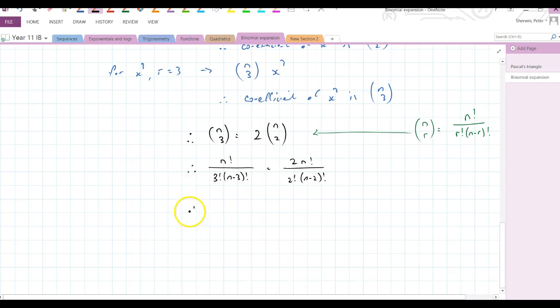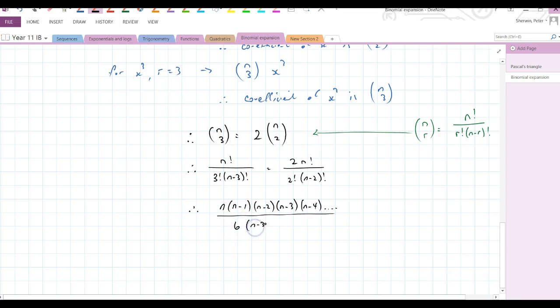The way to solve these equations with factorials in them is to start writing them out and see what happens. There's going to be loads of cancelling. Let's just go ahead and see. If you think you can pick it up at this point, just pause and go for it. Remember that factorial notation is multiplying by 1 less each time. I'm just going to give a few terms to give the idea. 3 factorial, that's 6.